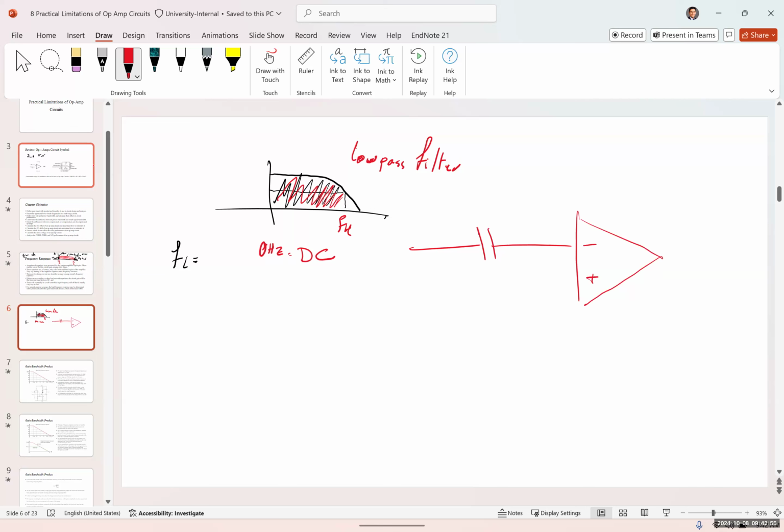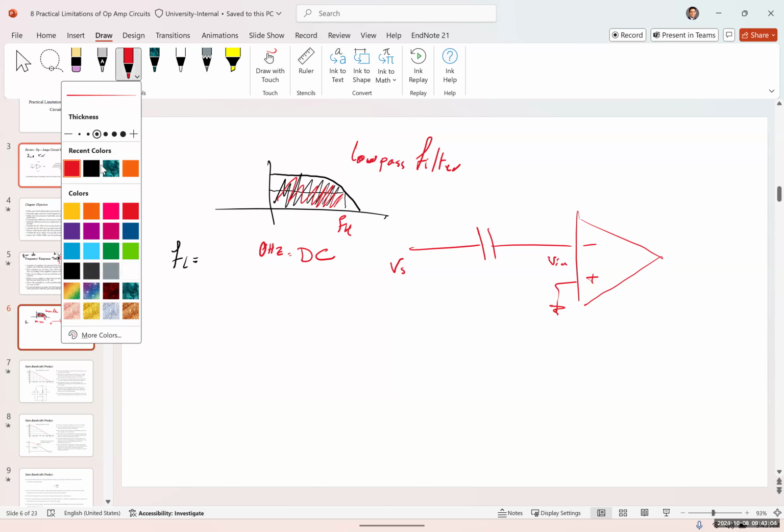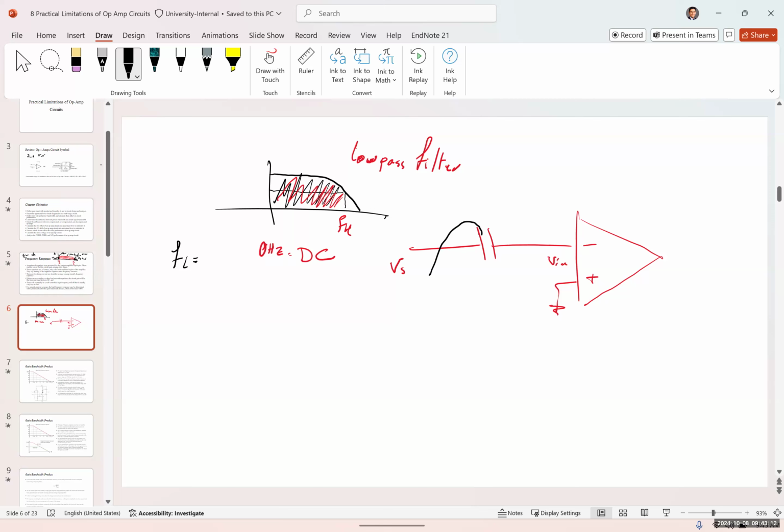which is connected between the source and the input of an op amp. I use this terminology a lot before in electronics as well. So a capacitor is very good in passing an AC signal.